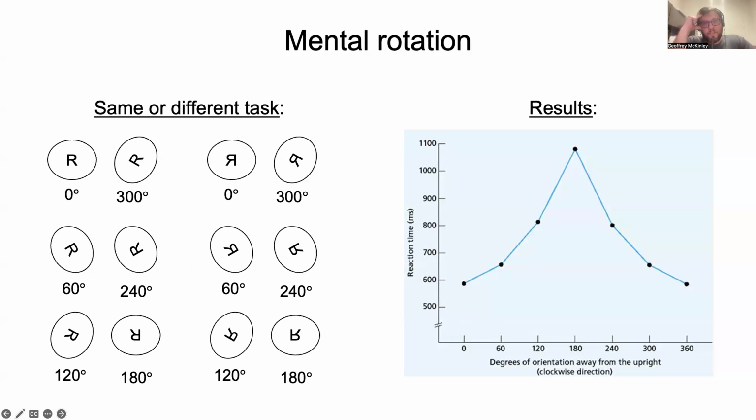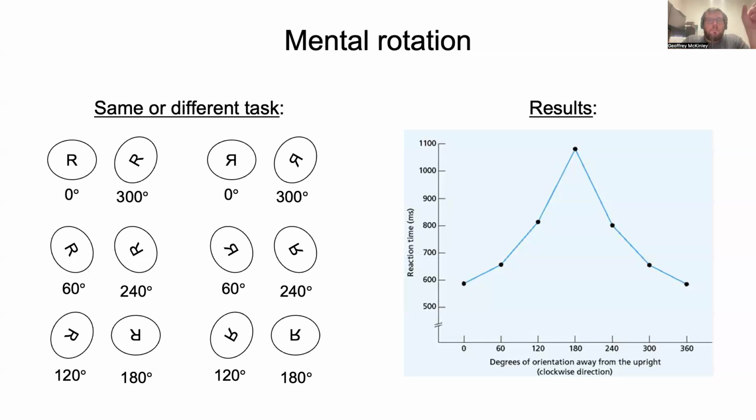That would be a pretty fast one. But if you compared the 0 to the 60 degrees one, that would take slightly longer. Then comparing the 0 to the 120 would take even longer. And 0 to 180 would, of course, take even more time.